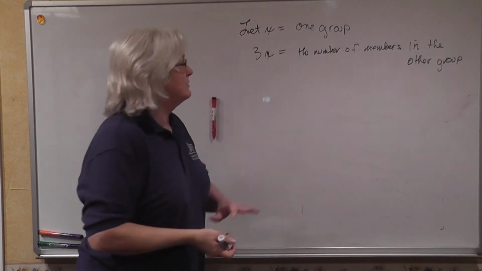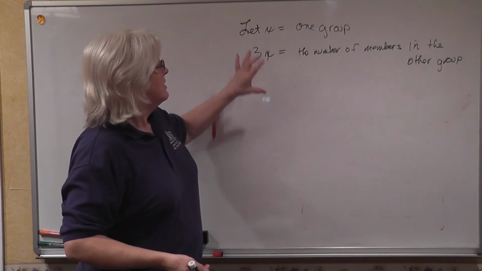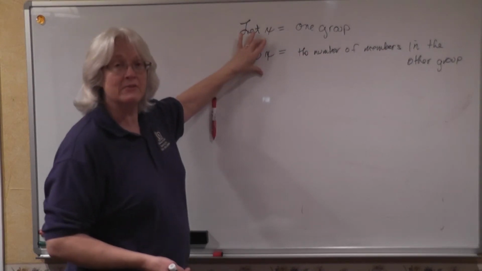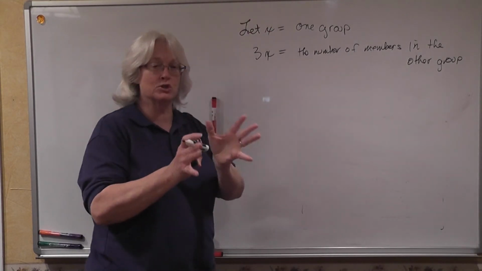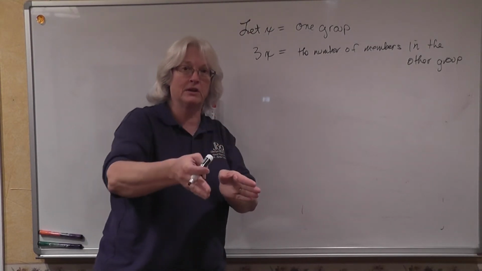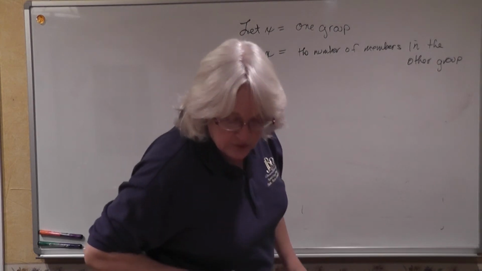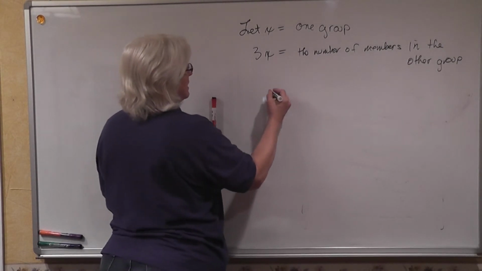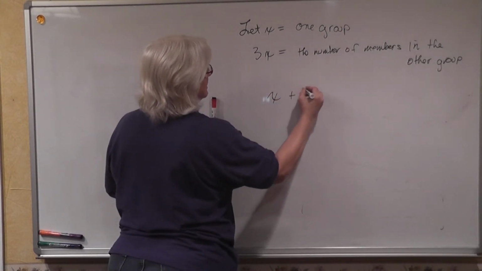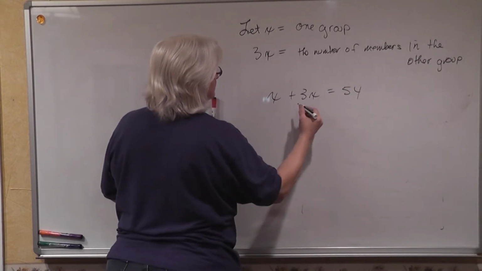Lest you get confused, x is really the number of members in the second group. 3x is the number of members in the first group. But there's that relationship between them that one group is 3 times larger than the other. And then it tells you that there are 52 students that have been separated into 2 groups. So again, first group plus the second group is equal to 54.